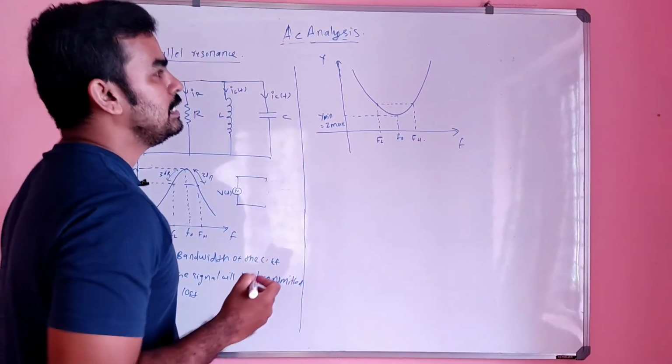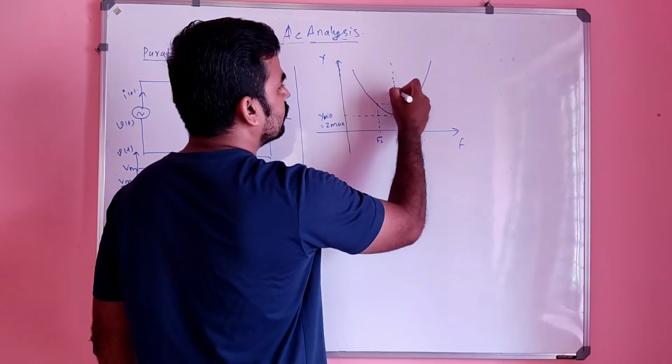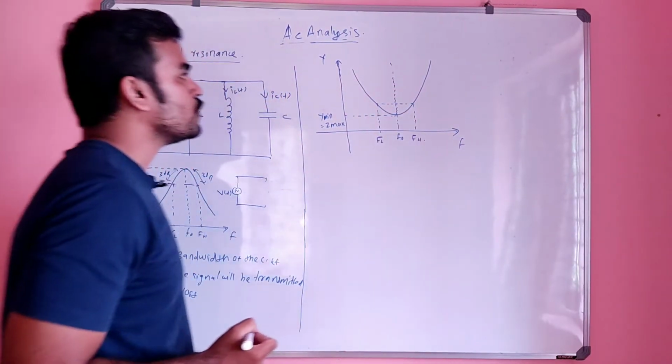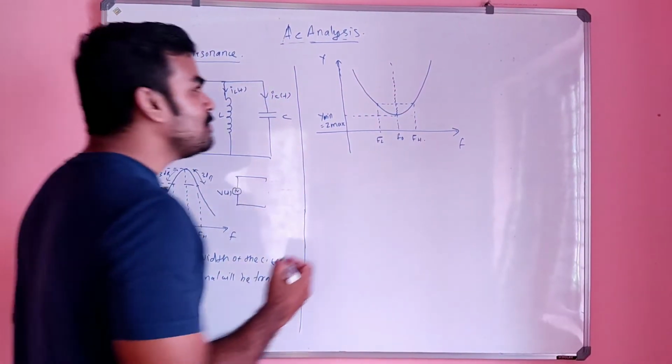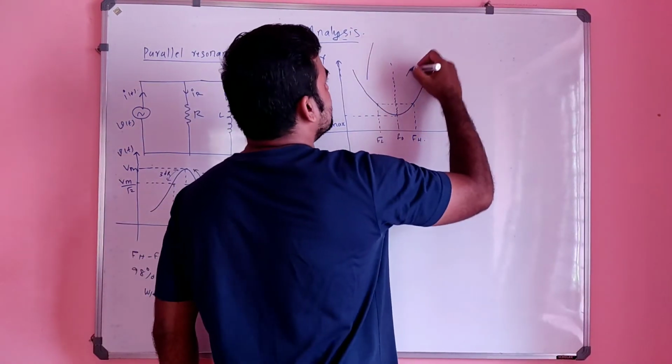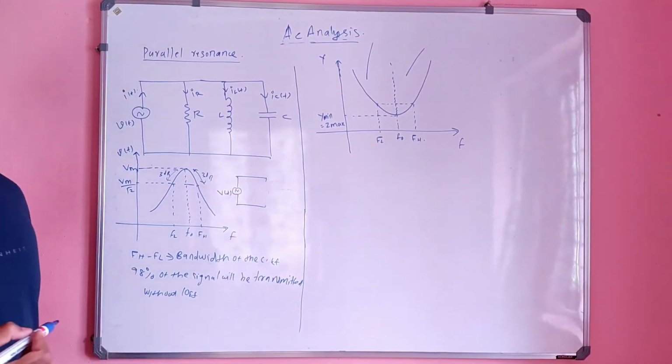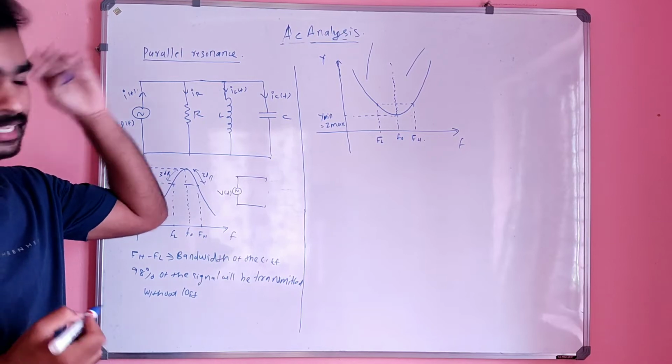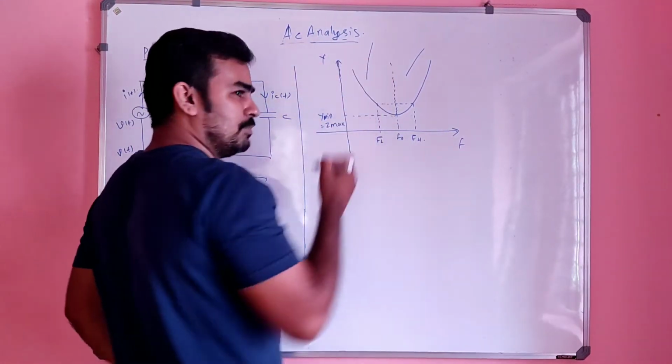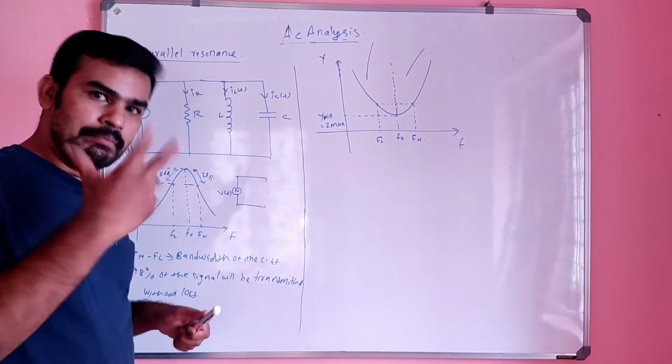FL and FH. Is it clear? Okay. So can you tell me this region and this region, whether it is inductive region or capacitive? Here it is Y, no? Y means 1 by impedance.